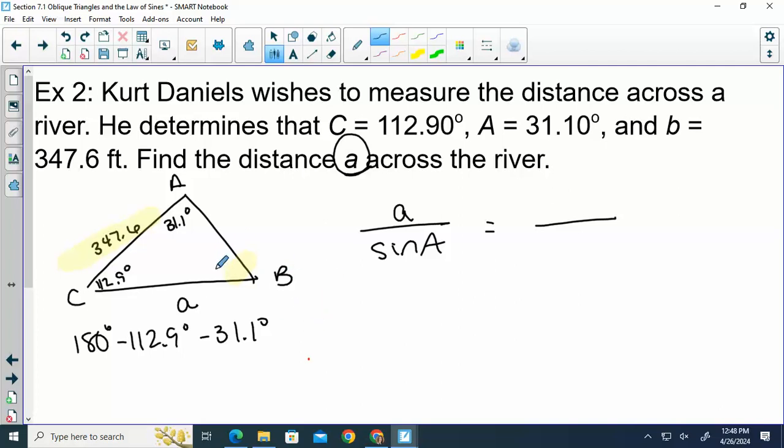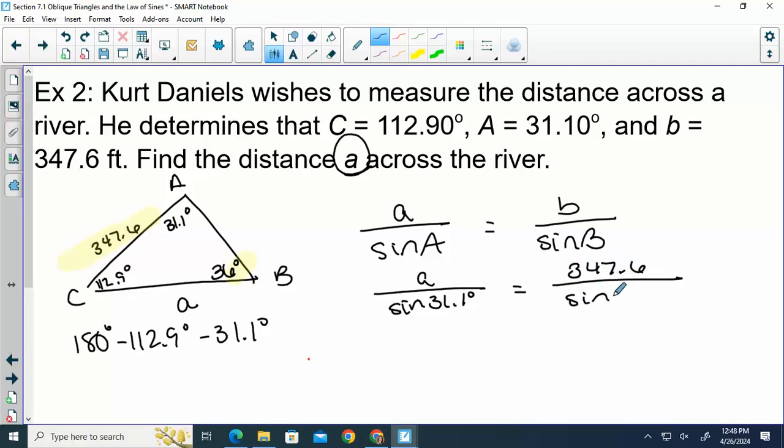So angle B is 36 degrees. So I'm going to do A over sine A equals B over sine of B. A over the sine of 31.1 degrees equals side B, 347.6, over the sine of 36 degrees.